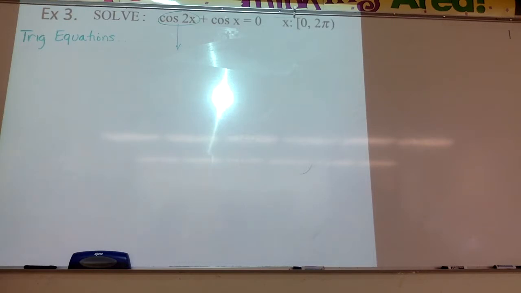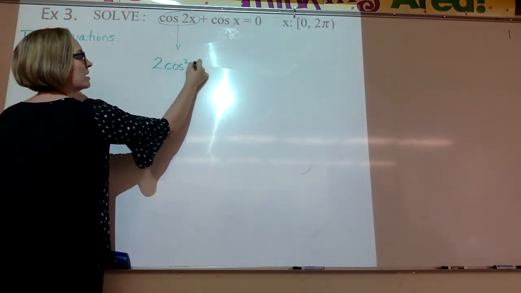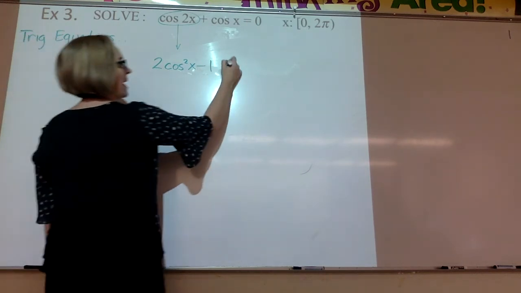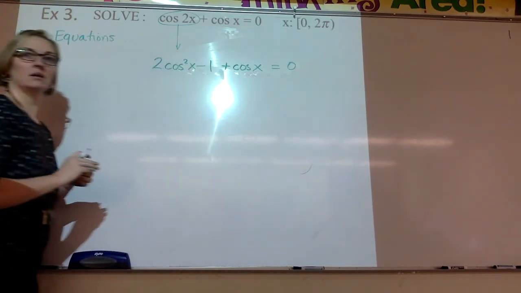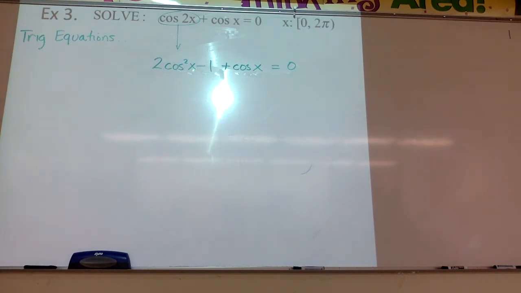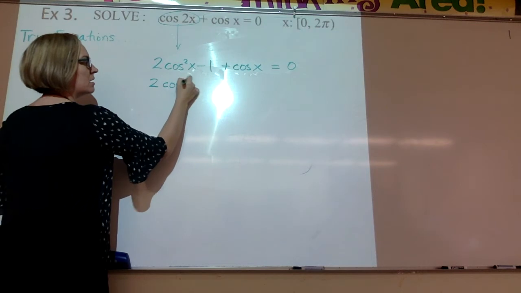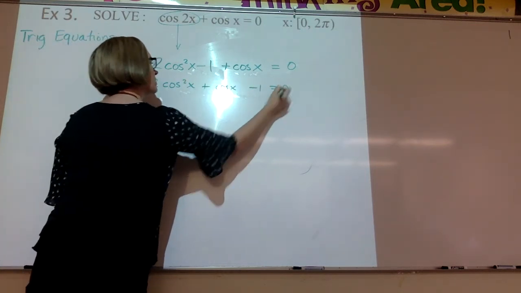2 cosine squared x minus 1. And we choose that because now when I break it down, the plus cosine x equals 0, doesn't that look familiar from the trig equations? If I rewrite the order, 2 cosine squared x plus cosine x minus 1 equals 0.